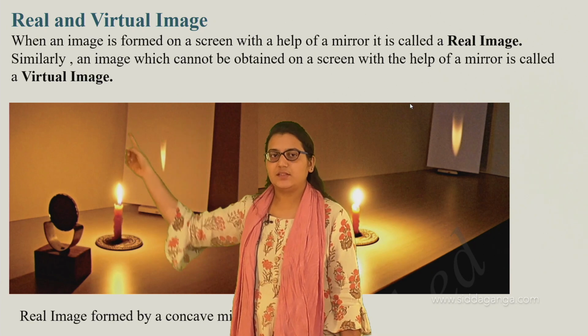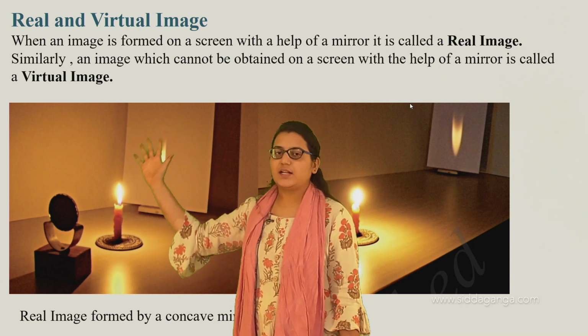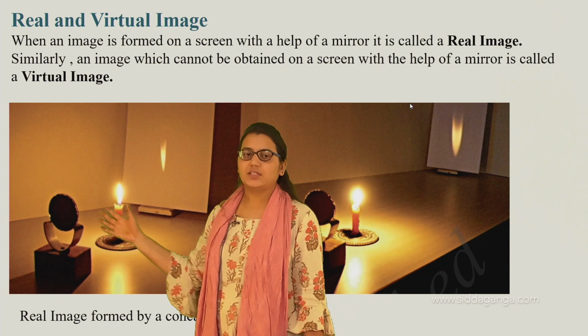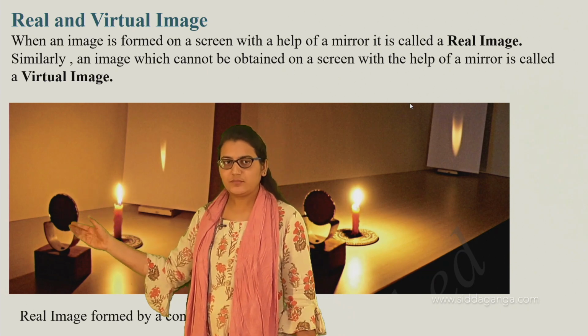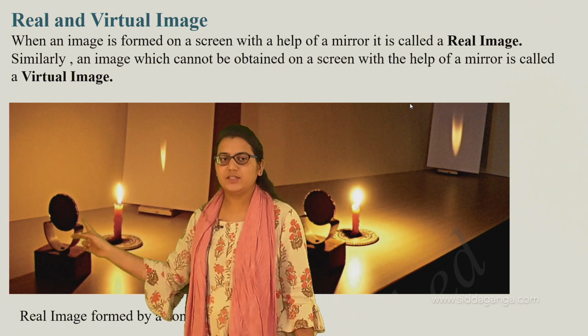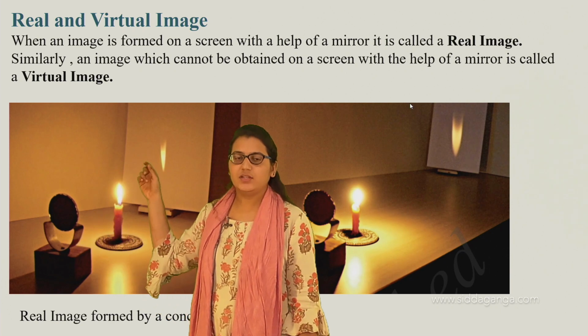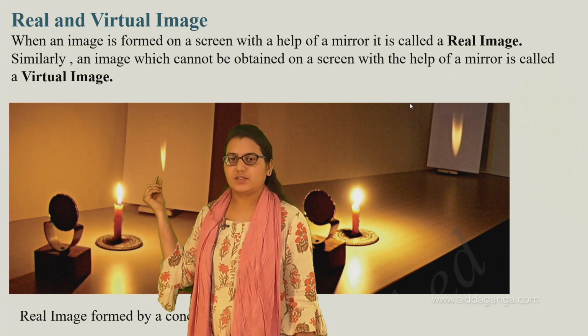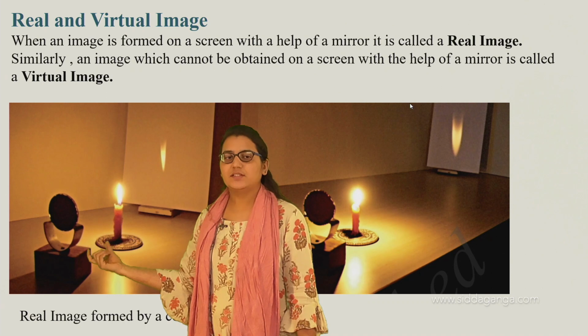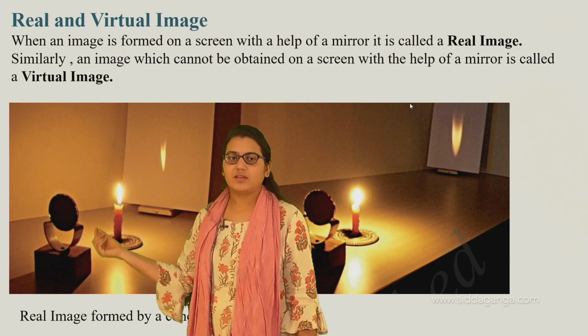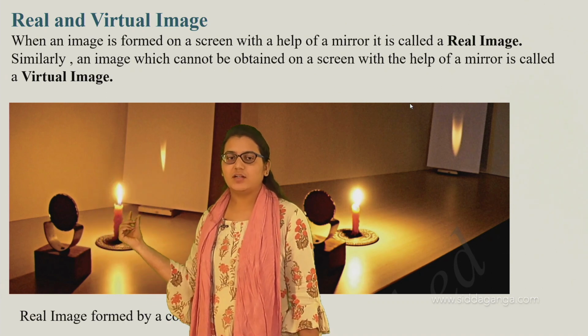If we keep a plain screen, and a candle in between, and we keep a concave mirror, the light falls on it and diverges, and this is how the image looks. This is the example when the candle is kept far away.